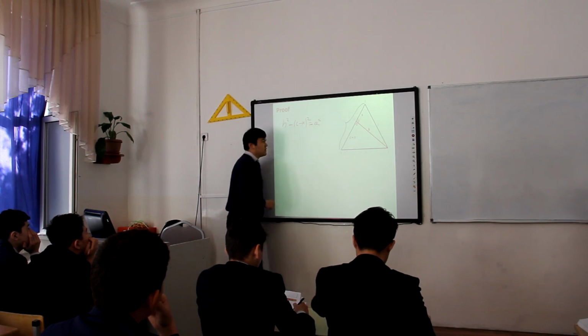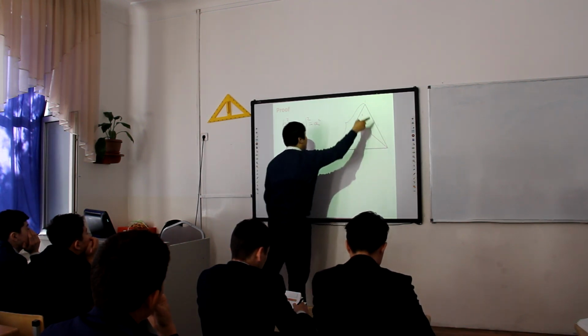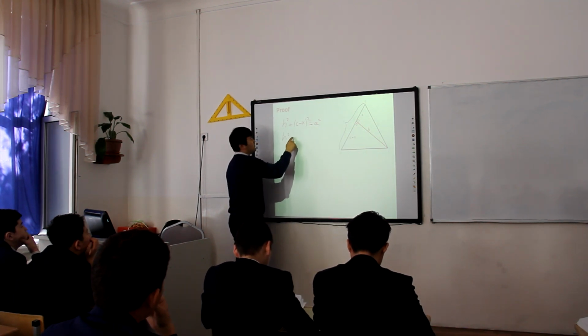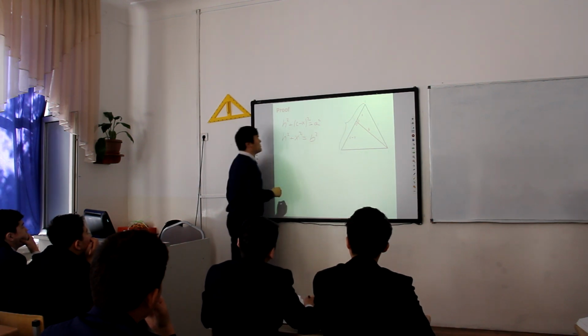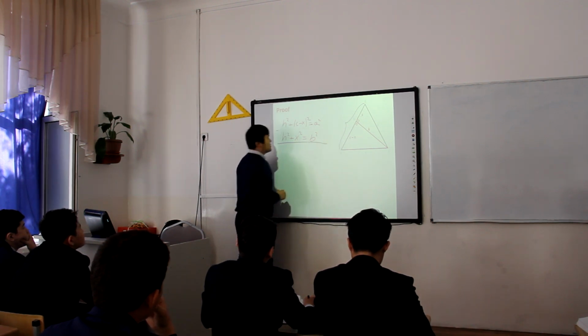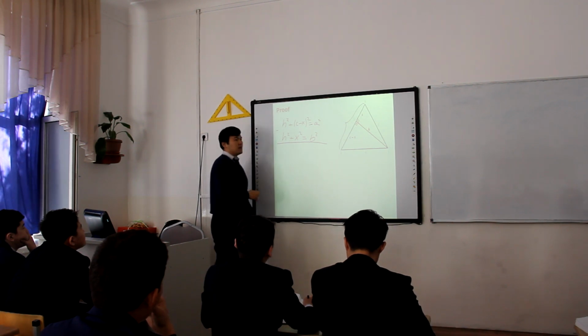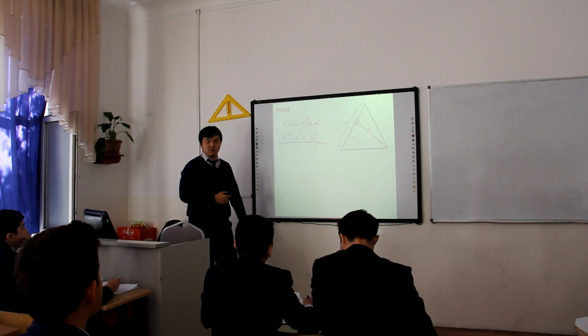This is our first triangle, and the second is a right triangle: h squared plus x squared is equal to b squared. Now, what will it be if you subtract these two? We are subtracting because we are eliminating this h squared.